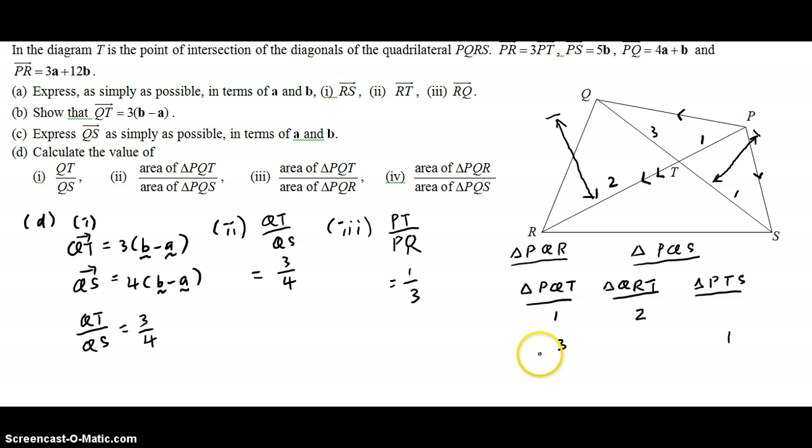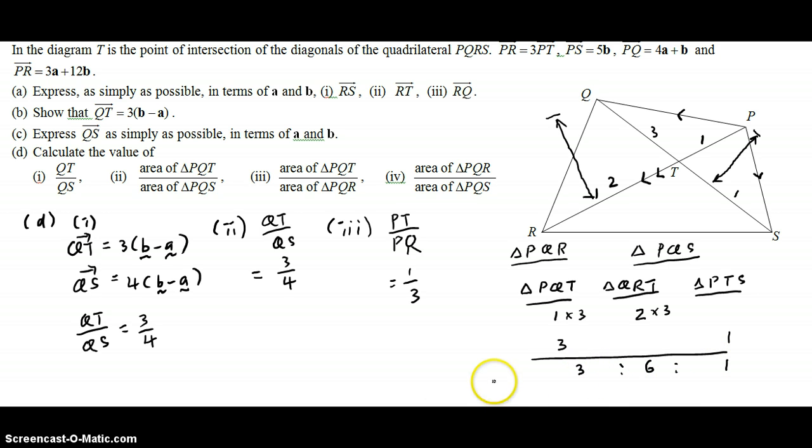If you want to group all the ratios together, so if this is 3 units, this one must be 3 units. So you have to multiply by 3. You end up with 3 is to 6 is to 1. So for the ratio of PQR to PQS, PQR is actually equal to 9, and PQS is equal to 1 plus 3, so it's 4.